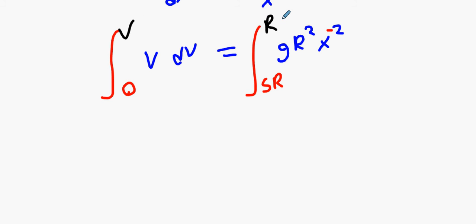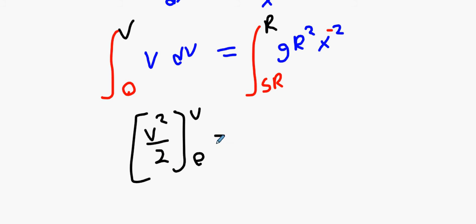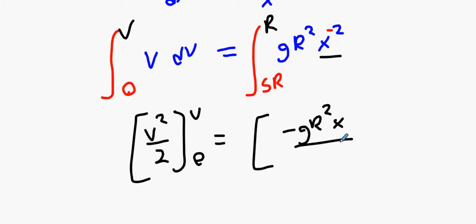And here's what we're going to do. We're going to go for phi squared over 2 from v to 0. And that's the variable there, isn't it? So add on 1 and you get minus g r squared x, but it's actually x to the minus 1, isn't it?